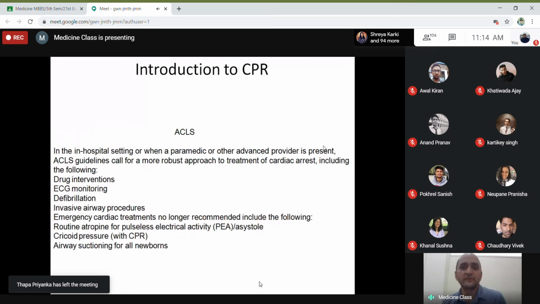Then there is ACLS, advanced cardiac life support, in the hospital setting when paramedics or other advanced providers are present. ACLS guidelines call for a more robust approach to treatment of cardiac arrest, including drug intervention, ECG monitoring, defibrillation, and invasive airway procedures.